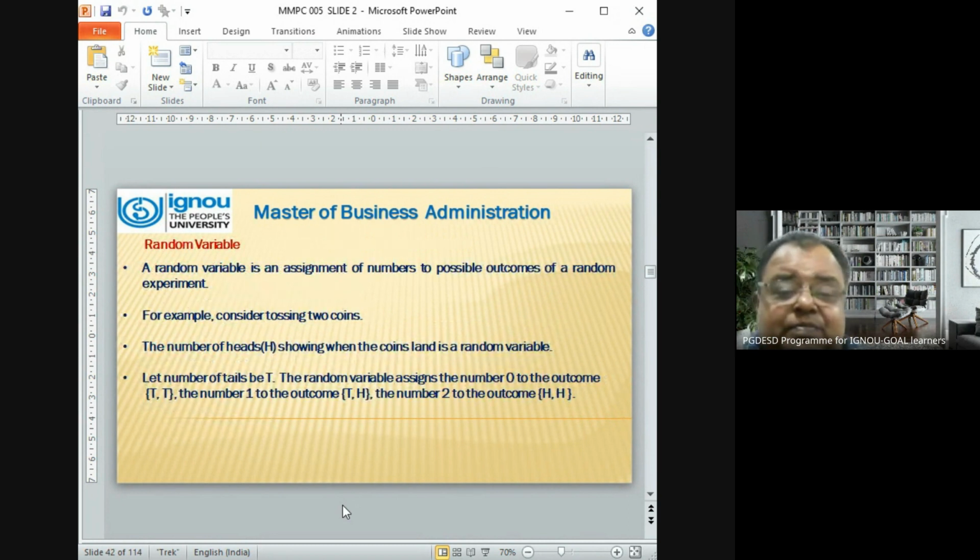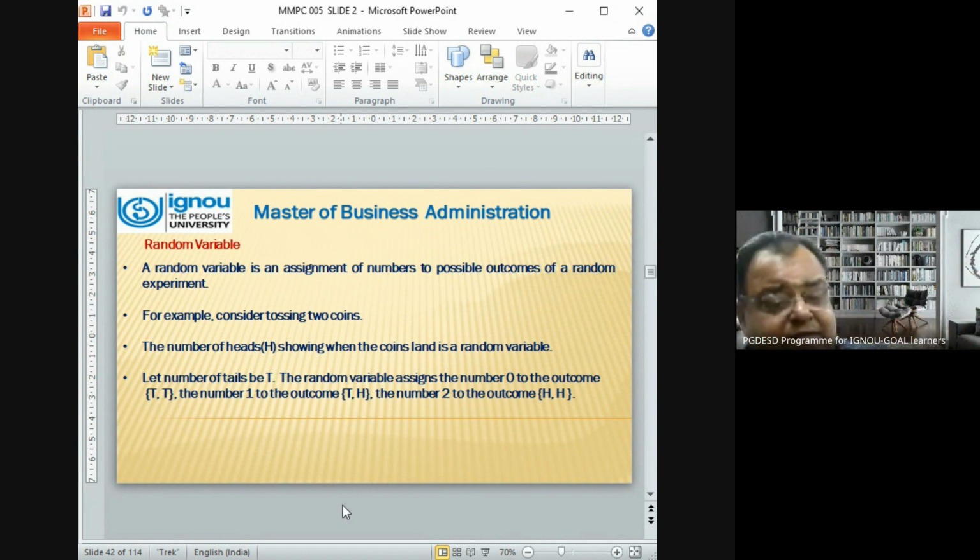Random variable. A random variable is an assignment of numbers to possible outcomes of a random experiment. For example, considering tossing of 2 coins, the number of heads showing when the coins land is a random variable. Either head or tail will come in the first one, and similarly in the second one.